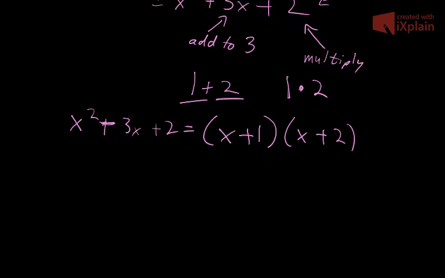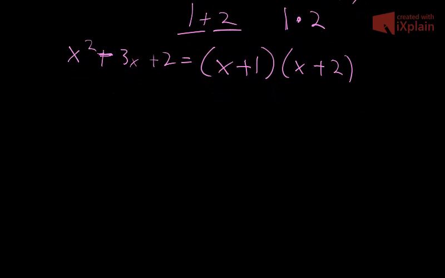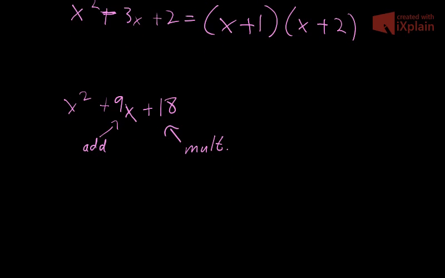So I want to try one more. If we have x squared plus 9x plus 18, then we want to find numbers that will add to this middle one and multiply to this. So the trick is to find numbers that add to the middle and multiply to the end. So if I have numbers that add to 9, there's a whole lot of those.